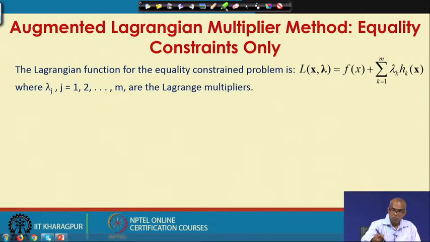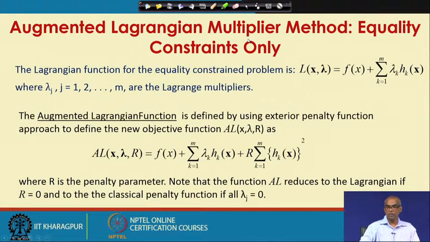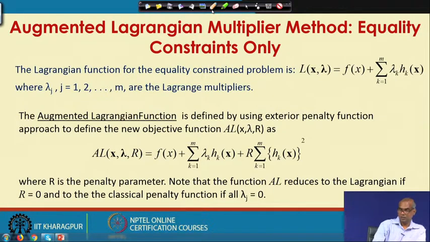Now, the augmented Lagrangian function is defined by using the exterior penalty function approach to define the new objective function. Note that the augmented Lagrangian function is nothing but the Lagrangian function plus the penalty term.